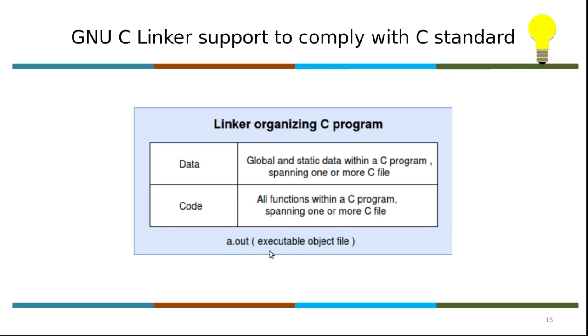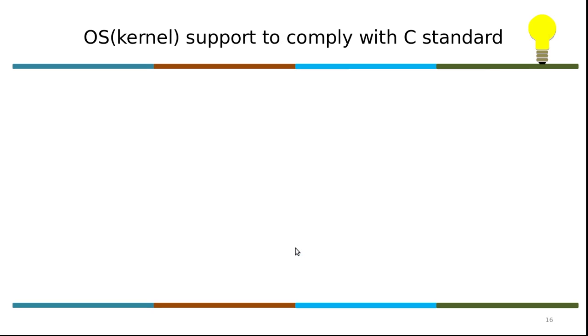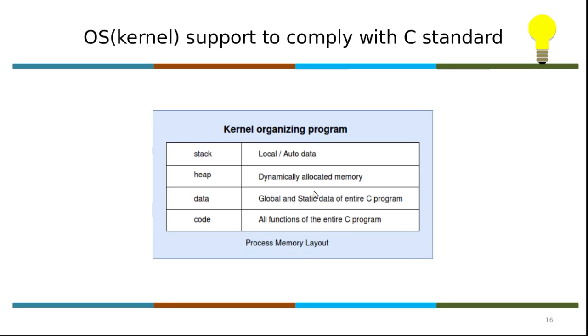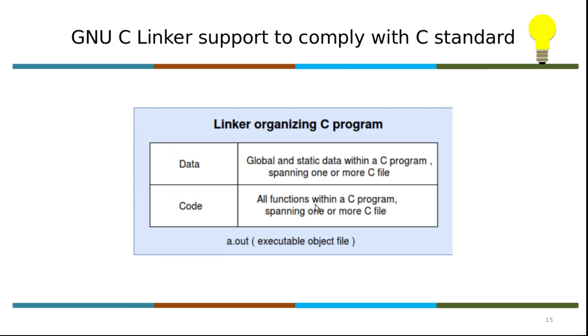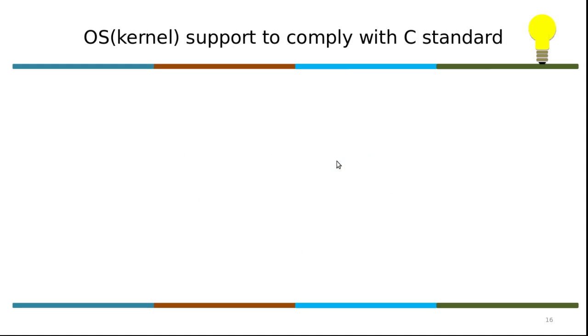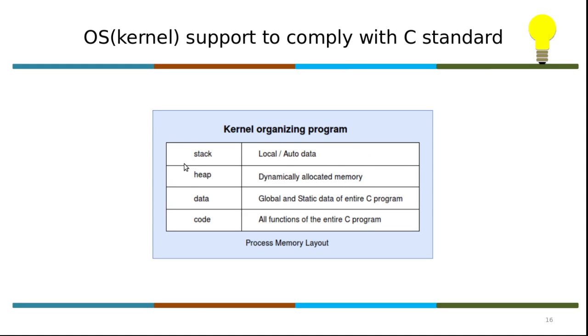You can give ./A.out. Now what is the support given by the kernel? Again, the kernel will just use the code segment and data segment provided by the linker, and also it allocates stack to store local symbols. But surprisingly, I have not mentioned stack here.